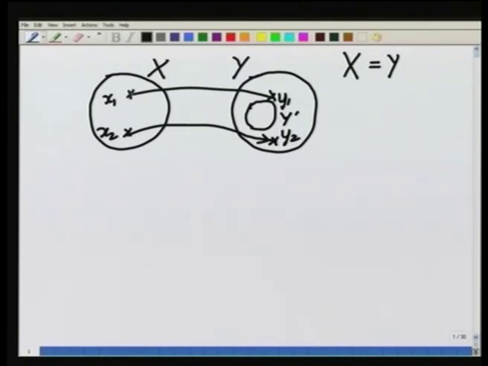Thus, x1 might land up say here, x2 may land up here. So also for every other x inside the set X.